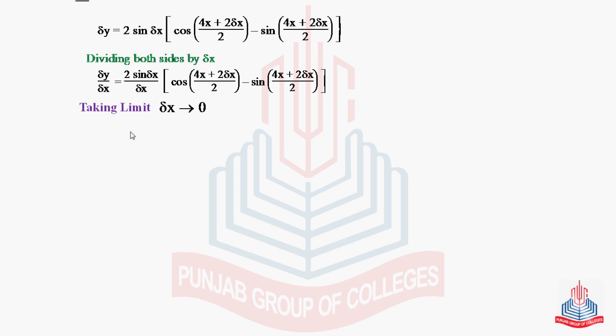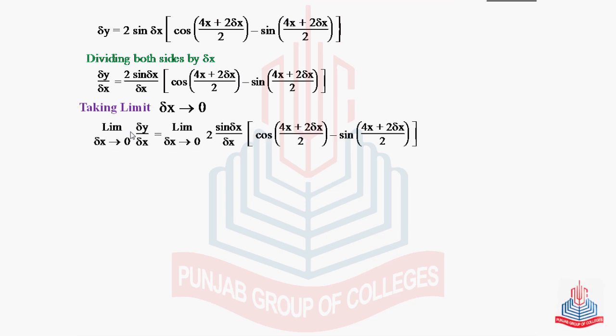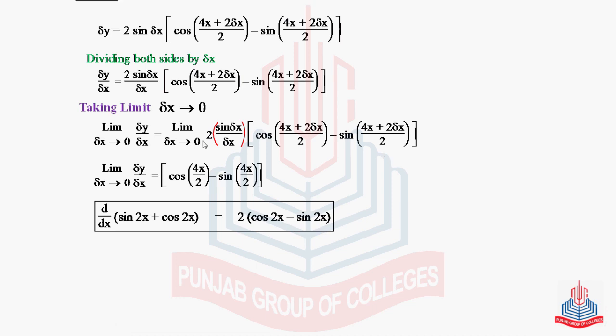Taking limit delta x approaches to 0 on left hand side and on right hand side, this will become dy by dx, and when we apply limit on this portion, this whole thing will become 1. We have only 2, and cos this delta x will become 0, cos 4x by 2 like this, and this delta x will be 0, so we have 4x divided by 2. So we have this 2 will be here. So the final result, differentiation of sine 2x plus cos 2x will become 2 cos 2x minus sine 2x.